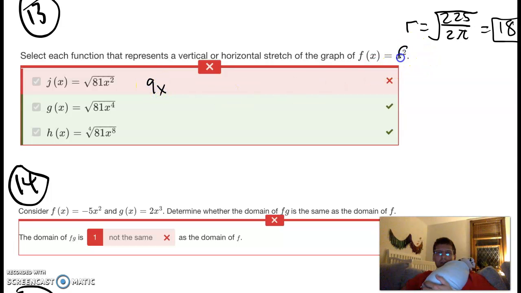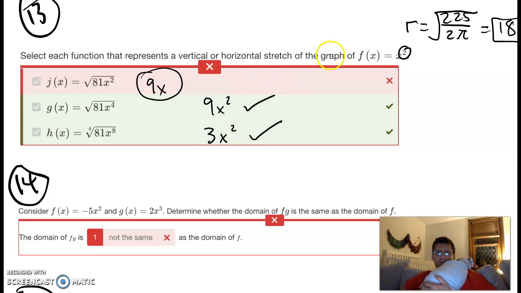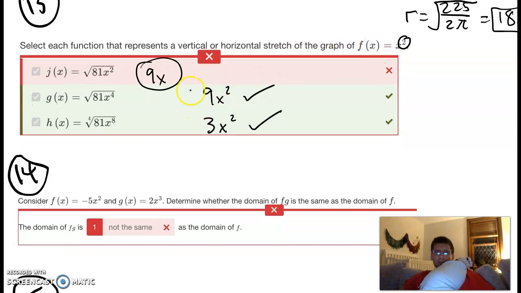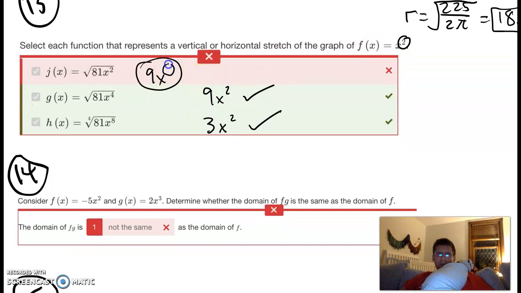So this is not a transformation of the x squared graph, it's a totally different function. But the square root of this would give me 9x squared, so yes, that one does work. And this would give me the fourth root of 81, which is 3x squared. So they're both just vertical stretches of the original graph. So that's why this one doesn't work. It's not even the same function family, because that's a linear function.